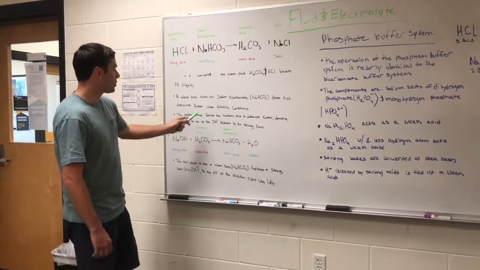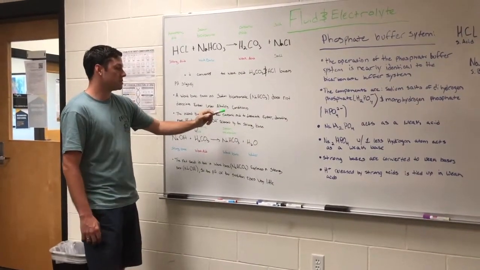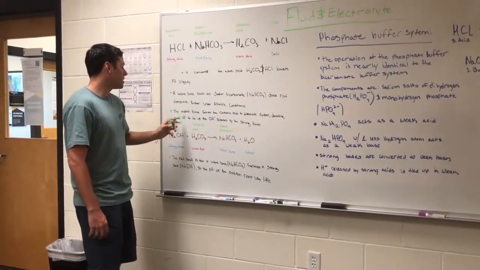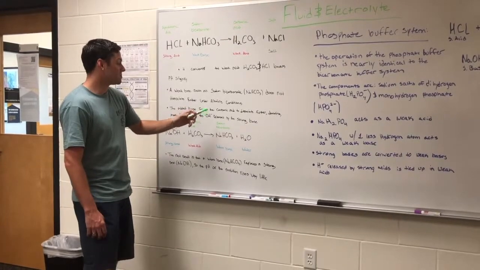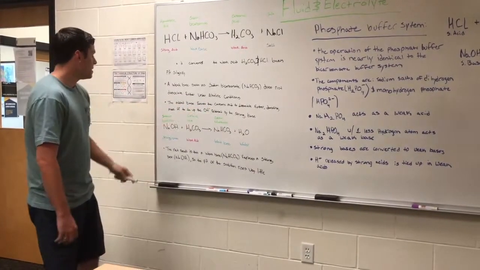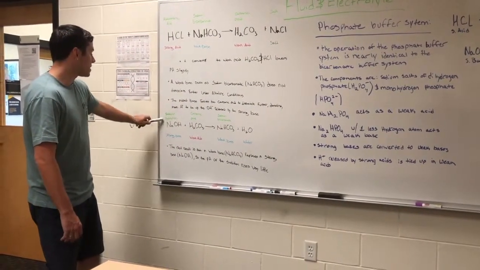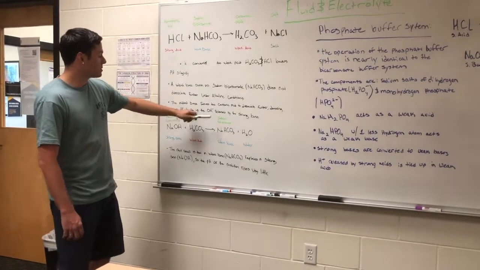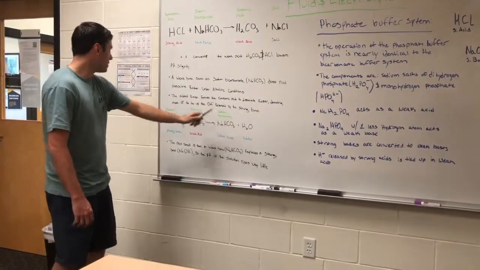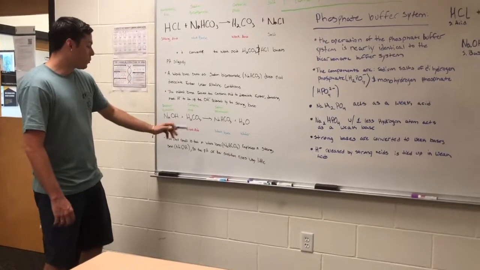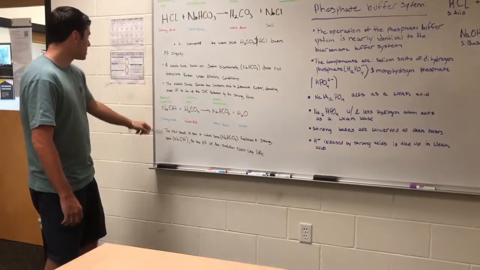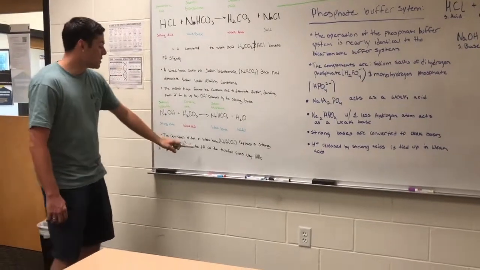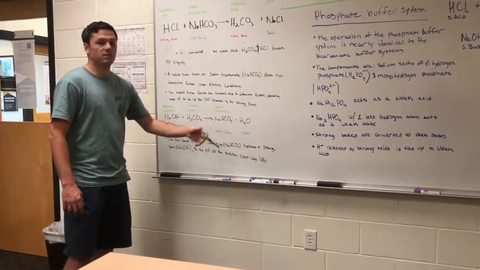The added base forces the carbonic acid to dissociate further, donating more hydrogen ions to tie up the hydroxide ion released by the strong base. In this equation, we have sodium hydroxide, carbonic acid, sodium bicarbonate, and water. The net result is that a weak base, sodium bicarbonate, replaces a strong base, sodium hydroxide, so the pH of the solution rises very little.